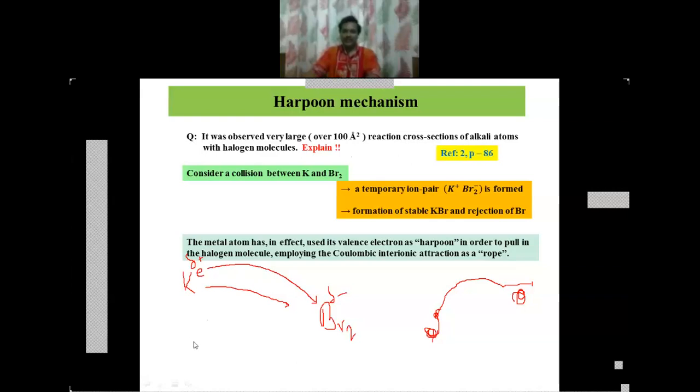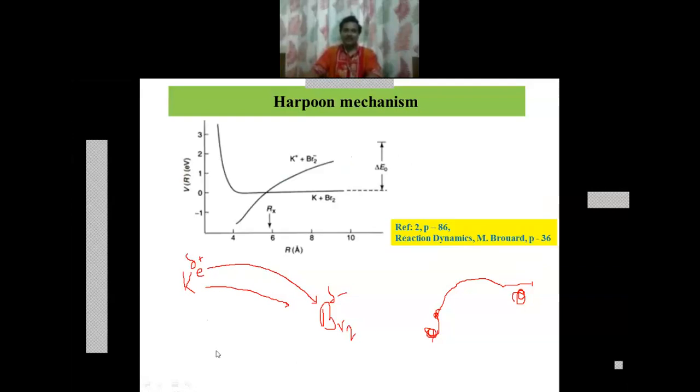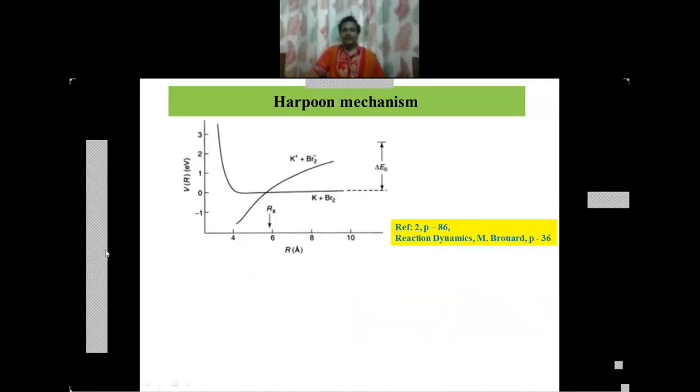Okay. Now, I would like to explain this in terms of realistic forces, how it really takes place. Look at this drawing. I have taken potassium and Br2 only.